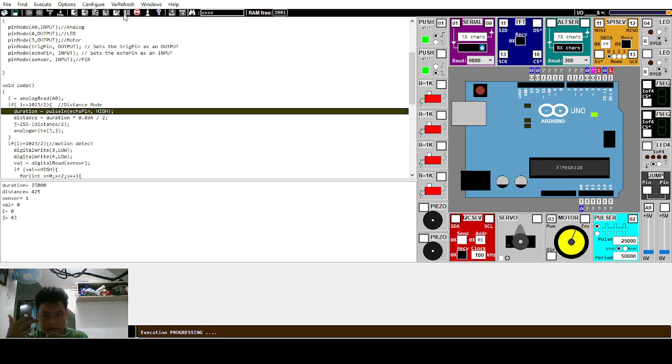So we run. So here I have set up the ultrasonic sensor to be, let's just simulate that the object distance is very far, which is 425 centimeters. This is in centimeters, so it's roughly 4.2 meters away.